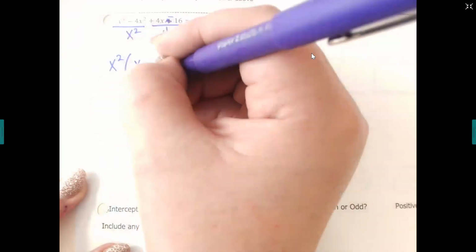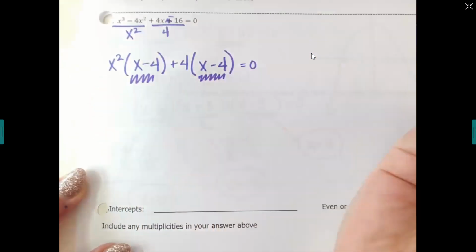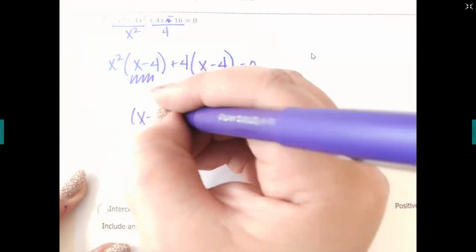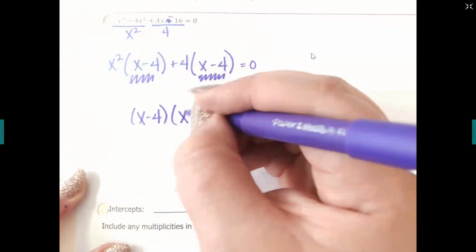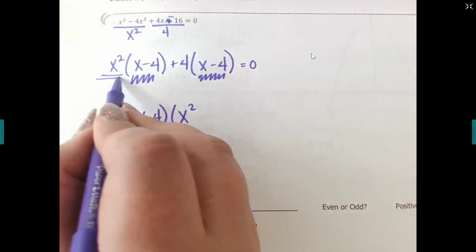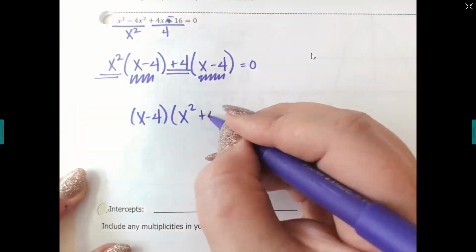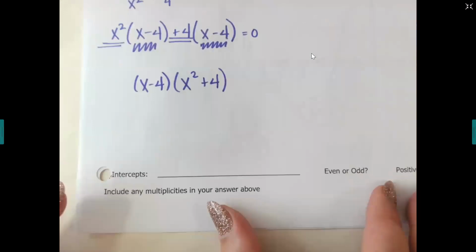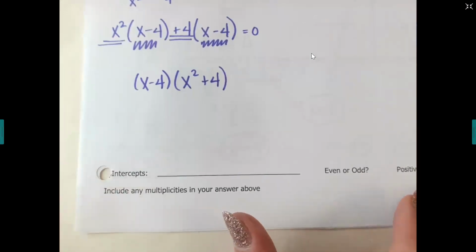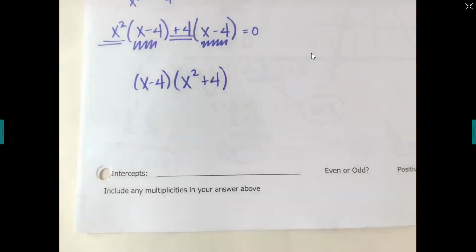Okay, these have to match, do they? Yes, so x minus 4 is my first factor. And x squared plus 4 is what I pulled out of the outsides. Okay, from there, can I split this one more time with the plus in the middle? No, then I'm ready to find my solution.